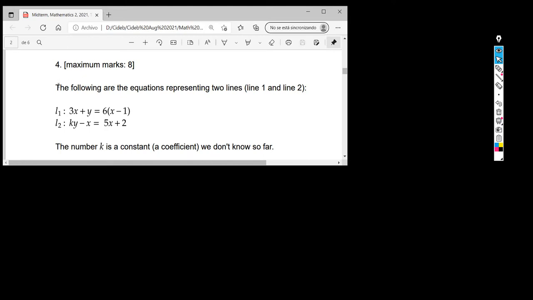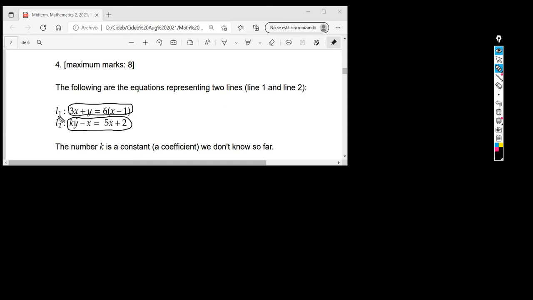Problem number 4, we have this. The following are the equations representing two lines, line 1 and line 2. This is my line 1, this is my line 2. I want to explain to you something about this, guys, just in case I didn't formally explain it. This is the equation representing line 1, this is the equation representing line 2.